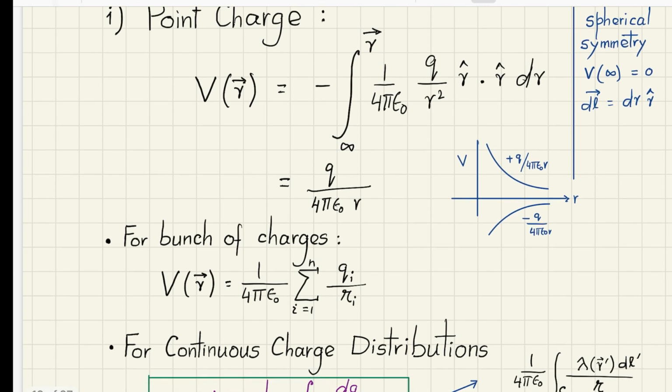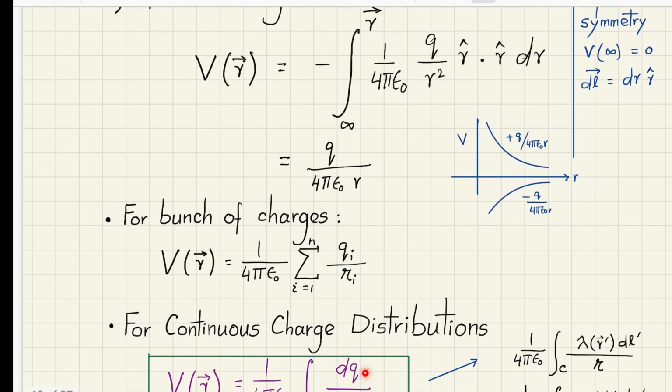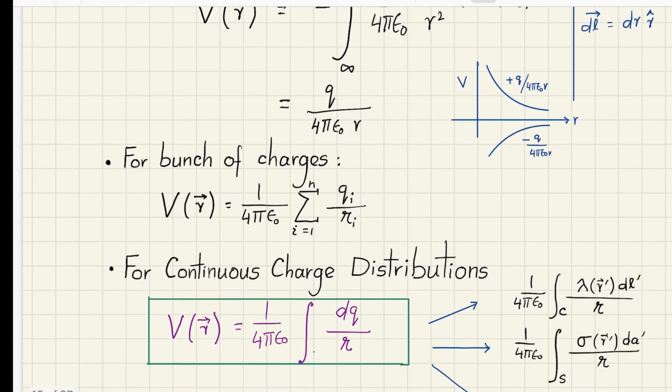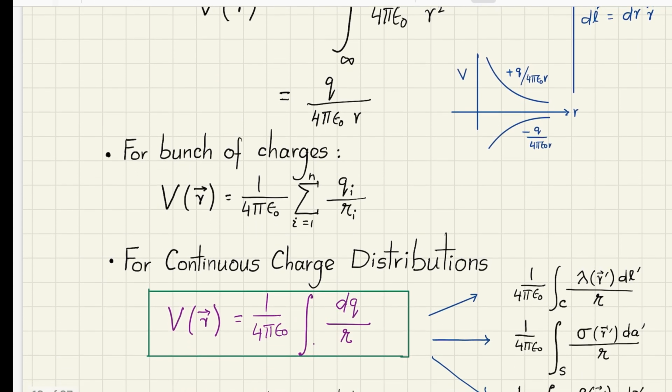Now if there are continuous charge distributions, instead of q, I have dq by r and integrate over wherever I have charge. I'm assuming that this integration is over a charge distribution which is localized. If it is a line charge, then of course dq is lambda r prime, wherever the source is.